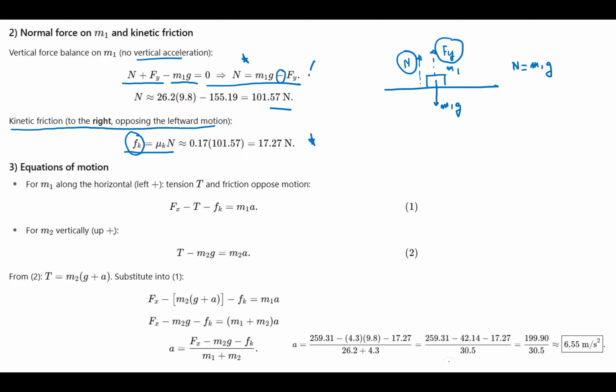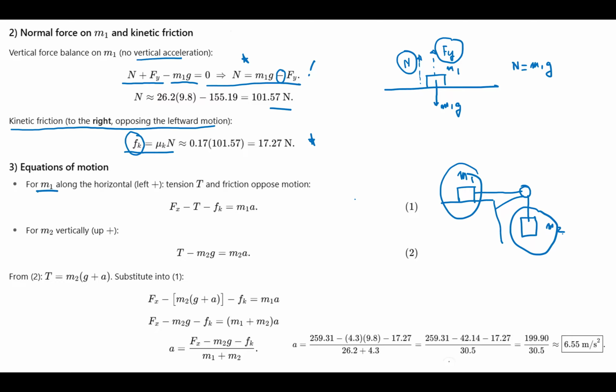And now it's time to think about what is going to happen with these objects one by one. So we have M1, M2, okay? So we have two objects, and then we have to identify what forces are actually applied to these two objects.